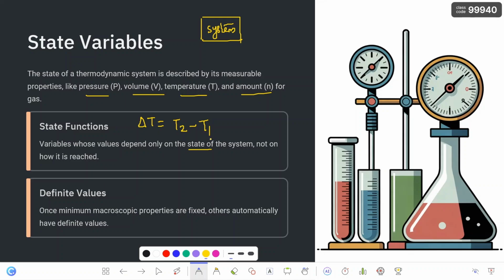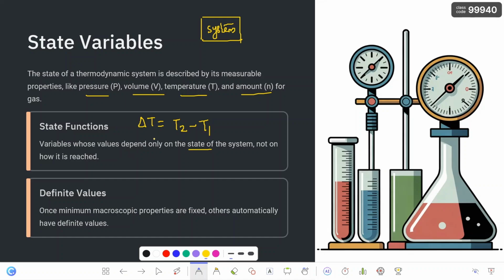We don't want to know what is happening in between. Suppose it is at 10 degrees Celsius and we are increasing it to 20 degrees Celsius. We know that the temperature difference is 10 degrees Celsius. We don't want to know whether in between it increased by 2, 3 or 4 degrees Celsius. We are not concerned about that. This is just the state of the system. It only depends on the state, not on the path.